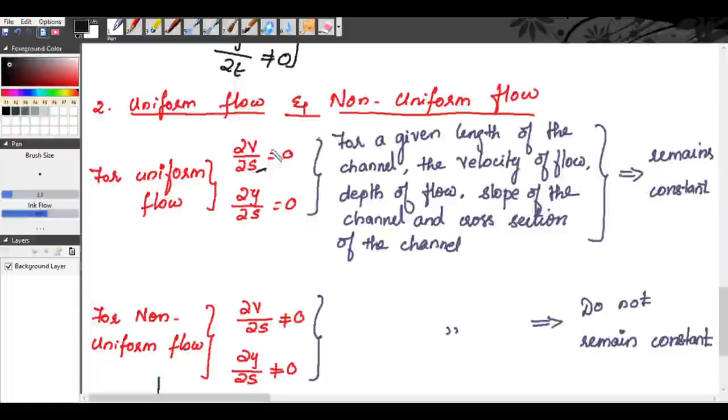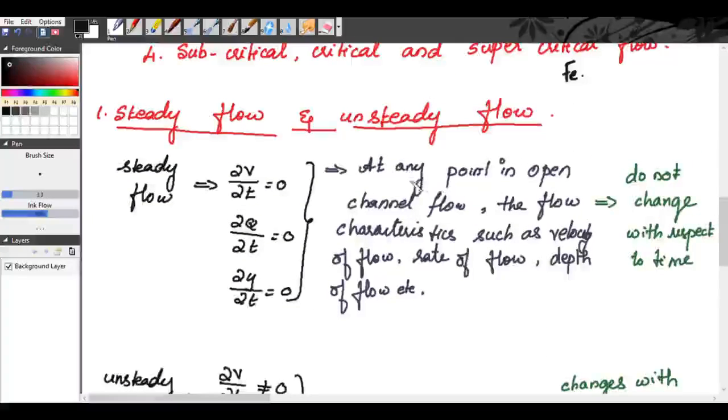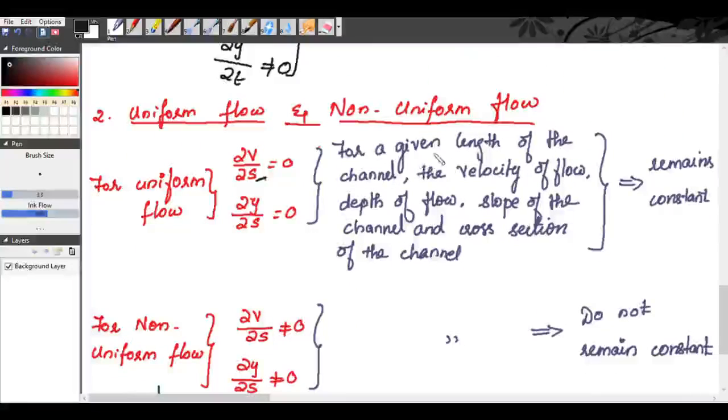So for a given length of the channel, see there, for the first case, you are considering any point in open channel flow. For steady flow or unsteady flow, we will consider some point in the open channel flow. Here, for uniform flow, you are considering a given length of the channel.